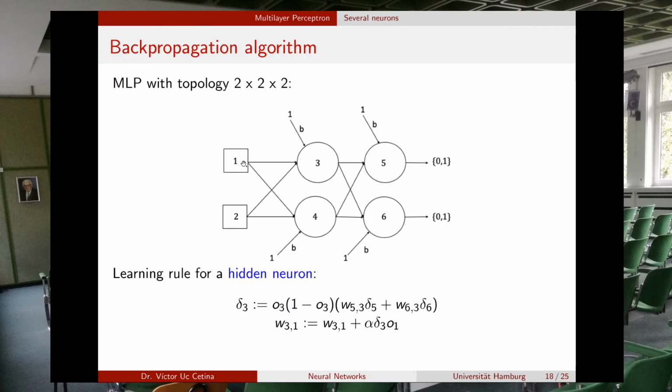In this case, the output of neuron 1 is our feature 1. Okay, but if you had here another hidden neuron, we would be making reference to the output of this neuron. In this case, it's just the input feature 1, and the same for the weight going from 2 to 3.